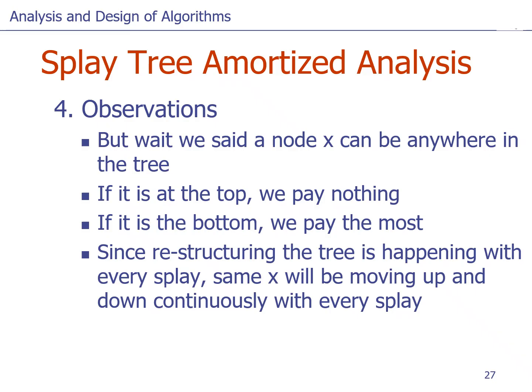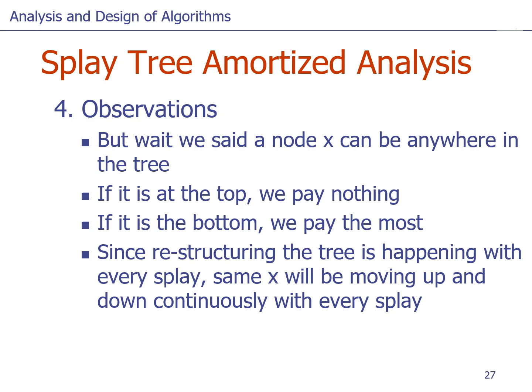So if you'd like to imagine it, it's like all the nodes are jumping up and down, up and down, with every splay. And since we're doing a splay after every operation, all operations are causing all nodes to go up and down at least one level. Some will go even more than that, but at least one level. Okay?